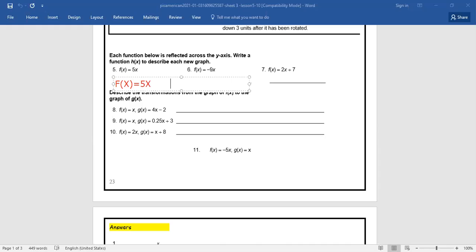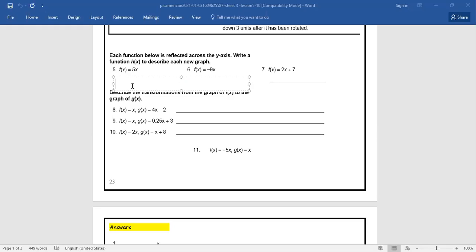Then multiply the slope by -1. So the new function h of x will be equal to 5 multiplied by -1 equal how many, Jana? -5. So it will be negative 5x, and that's it. Okay. If we move to the second one, could you please answer the next one?